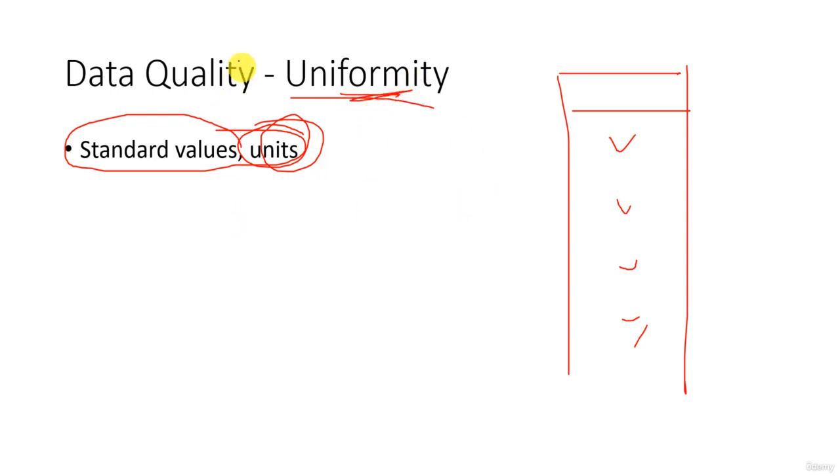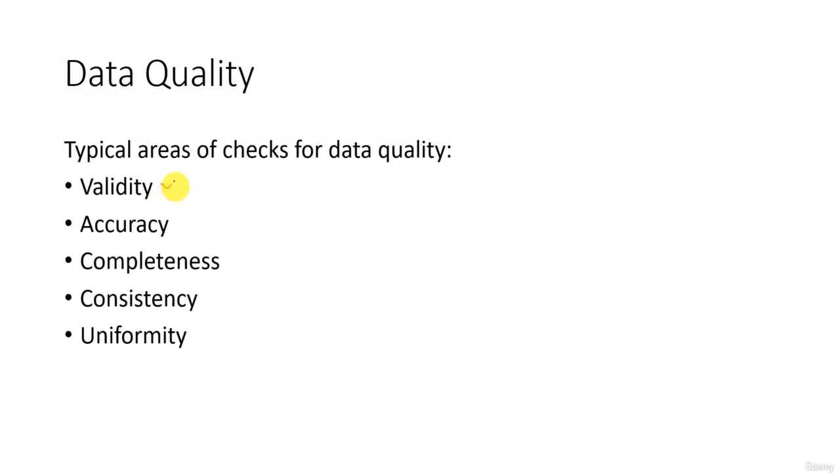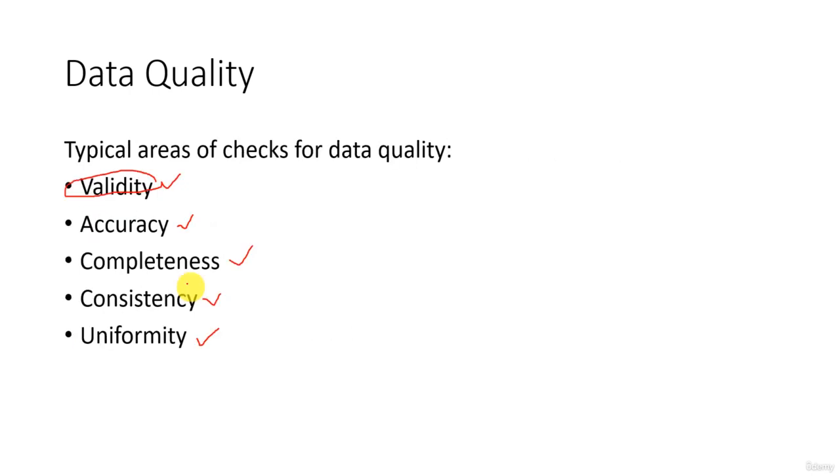So that is all about data quality. We have studied all the methods of data quality over here. We checked validity, accuracy, completeness, consistency, and uniformity. Validity means we have some valid constraints to check against our data, and if our data meets these criteria, then we will say that our data is valid.